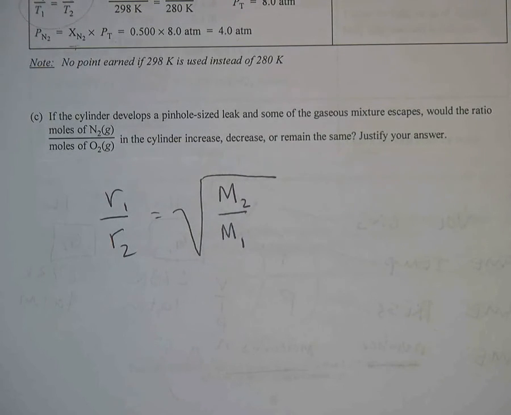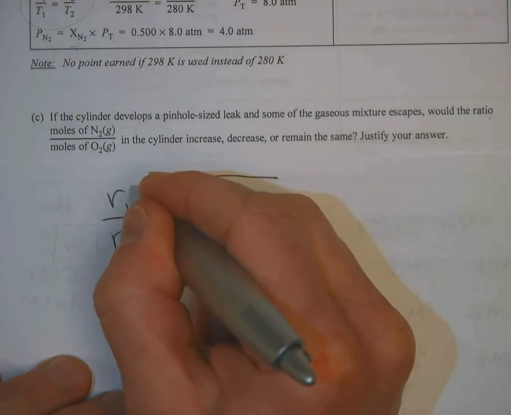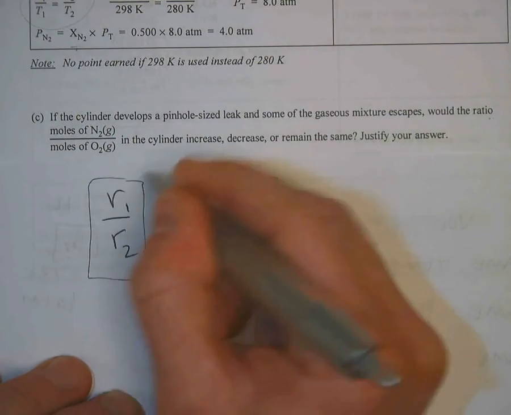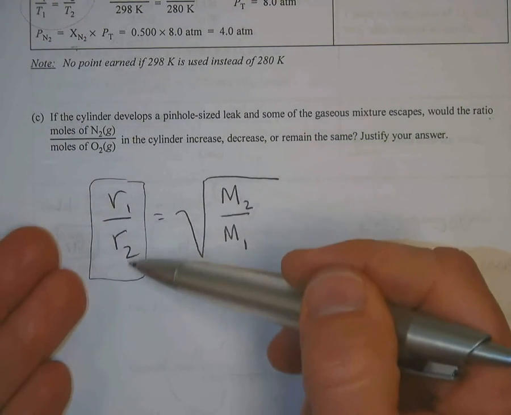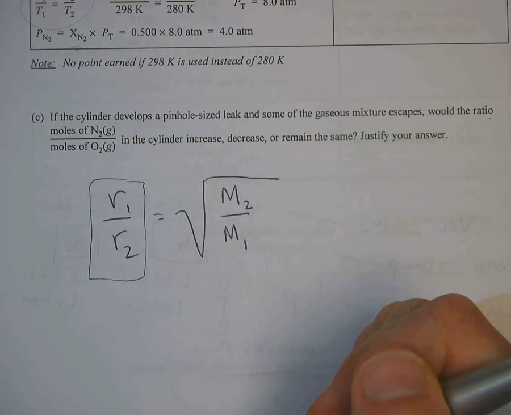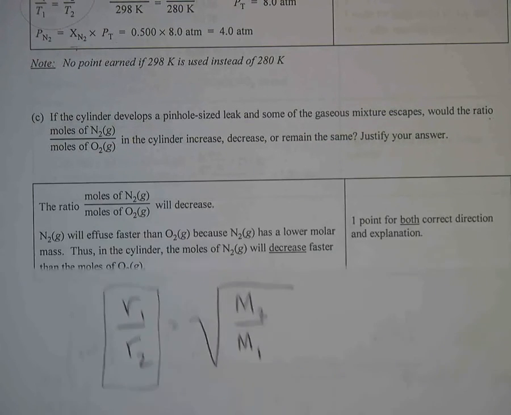And so it wants to know what would happen to the ratio of the moles of N2 to the moles of O2. Okay? So we're looking for this fractional number. Would it get bigger, smaller, or remain the same?